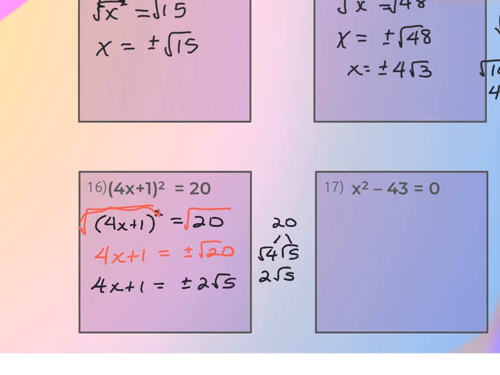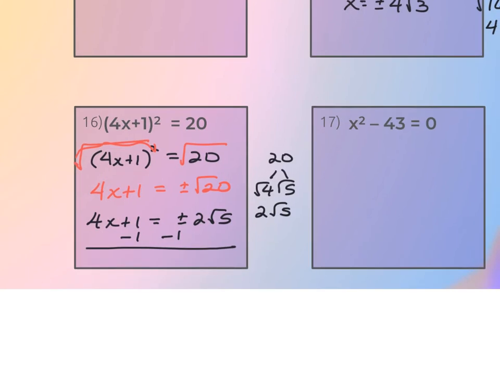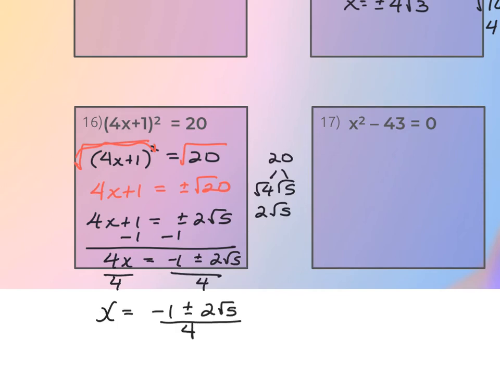I'm trying to find the value of x, so I still need to work on getting x by itself. So I'm going to subtract 1. And then I'm left with 4x equals negative 1 plus or minus 2 square root 5. One more step, divide by 4, and x is equal to negative 1 plus or minus 2 square root 5 over 4.